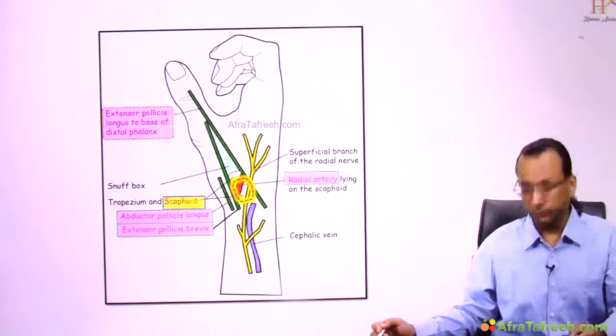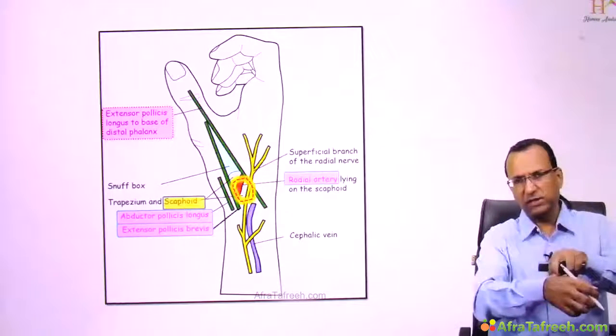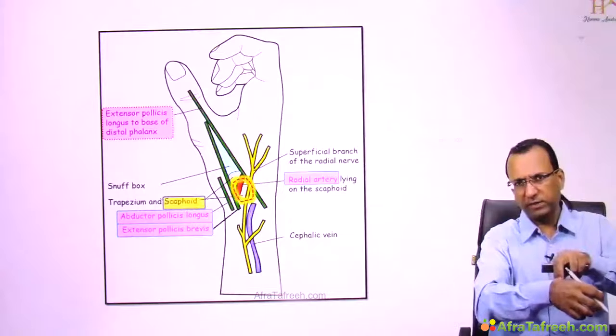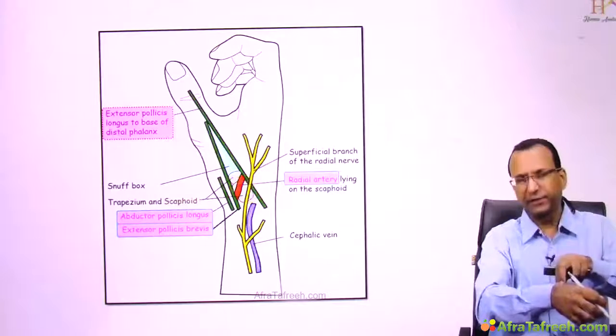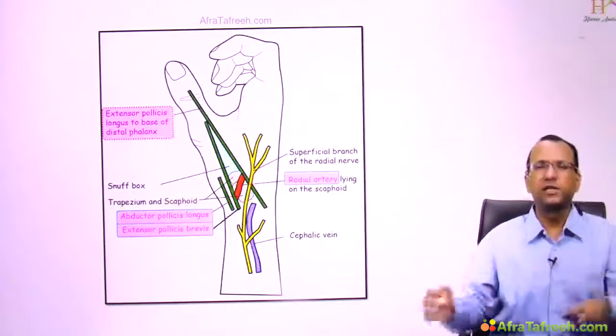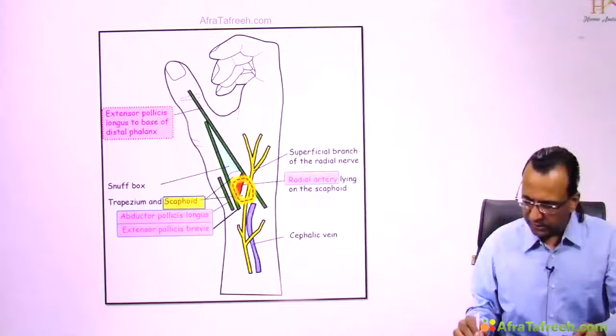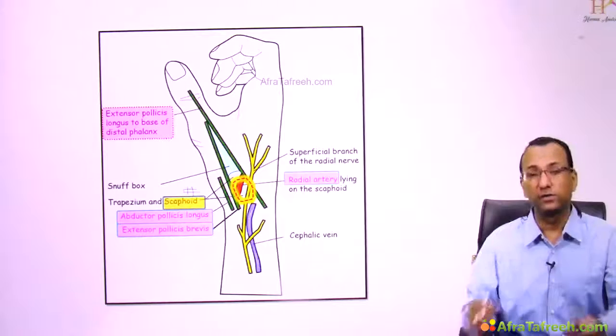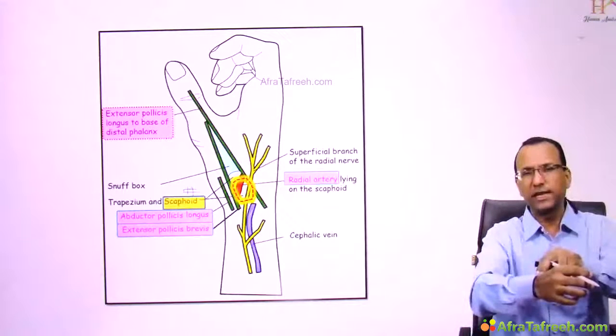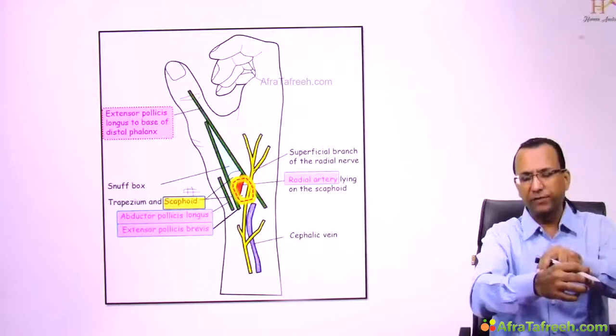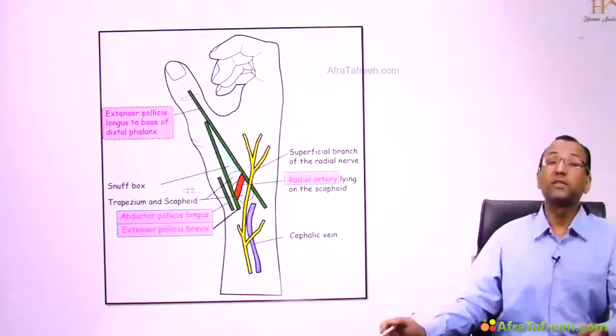That is the scaphoid bone. So I am compressing it on the scaphoid bone at the floor of the anatomical snuffbox to take a pulse. What if there is a scaphoid fracture? Then the anatomical snuffbox is painful. Tenderness in the anatomical snuffbox is a feature of fracture of the scaphoid.